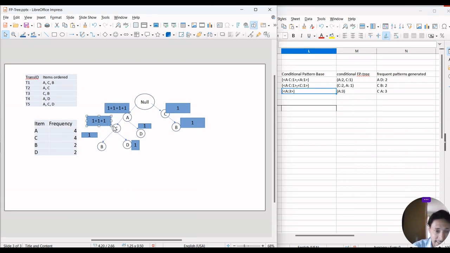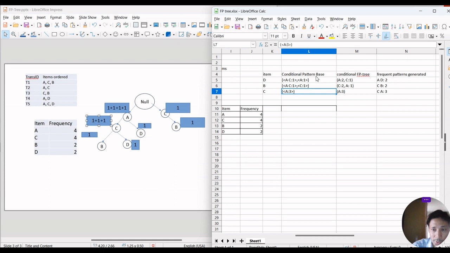That means this AC is repeated 3 times. There are 3 branches but represented by the same branch. So the conditional pattern is A 3, and the conditional FP tree is also A 3. The pattern that can be generated is CA 3. We are finding CA in 3 different branches, and 3 is greater than our minimum support, so we can say AC is also very interesting.